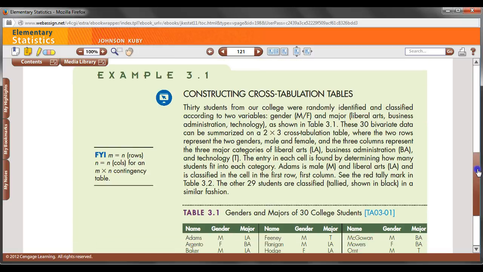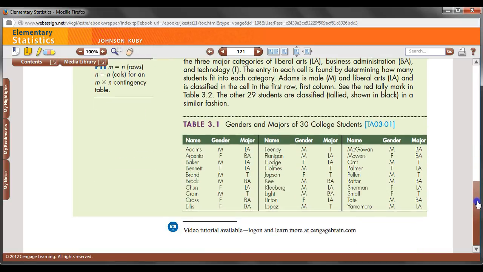But that's going to be a little bit harder example because both are quantitative variables. So let's begin with something easier. Two qualitative variables put together. Here's Table 3.1, and this is a sample study for a hypothetical situation. We have 30 students with some names. Names are not that important.